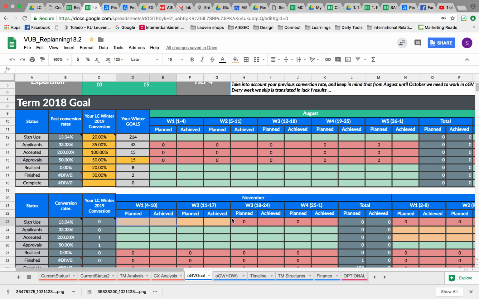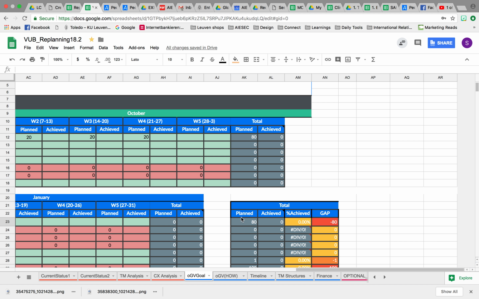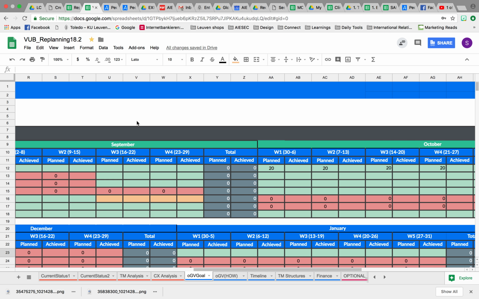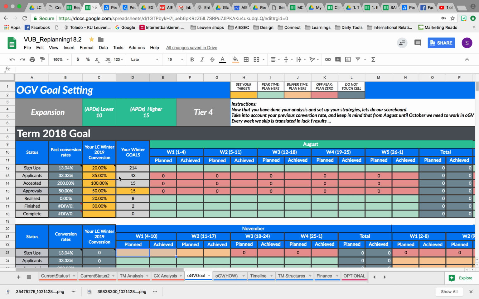So cool. That is basically it for the goal setting part. So it means that at the end, you're always going to see here what is your total planned. And it is important that after this goal setting and after this replanning, you start using this tab very actively and you use it as a scoreboard.